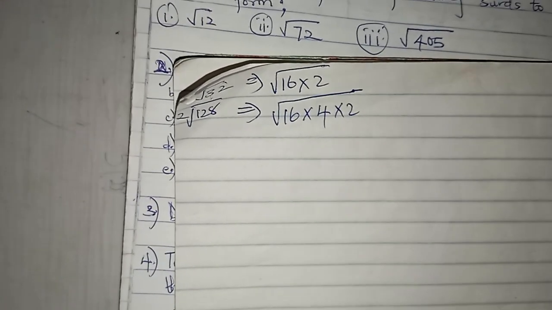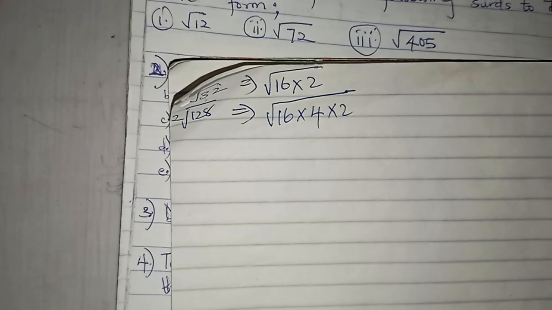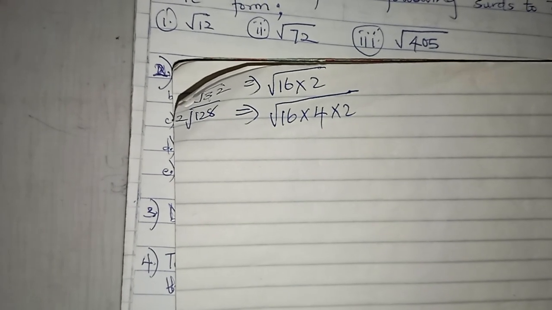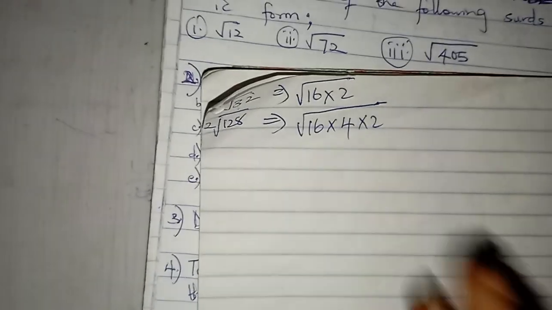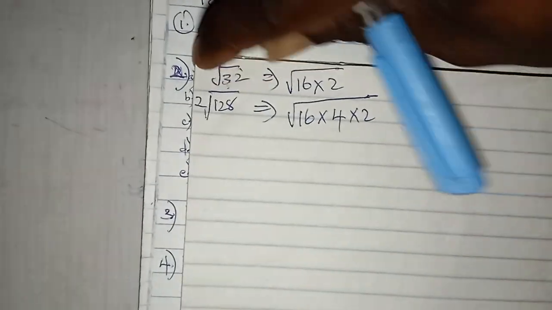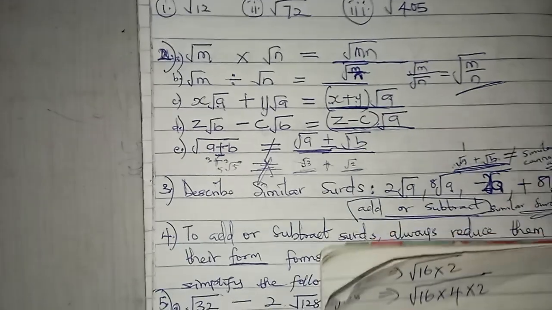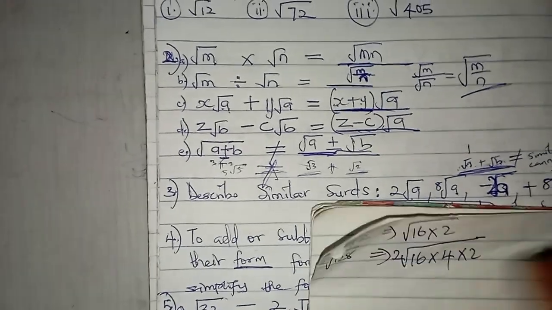Understand? So let's be sure. 16 times 4 times 2. Yes. So let's move. Let's go again. Remember that everything is carrying 2 outside.